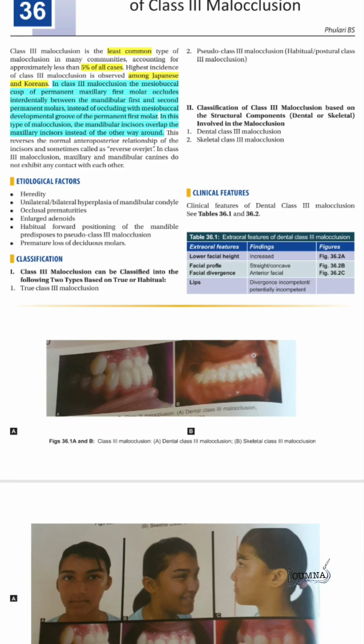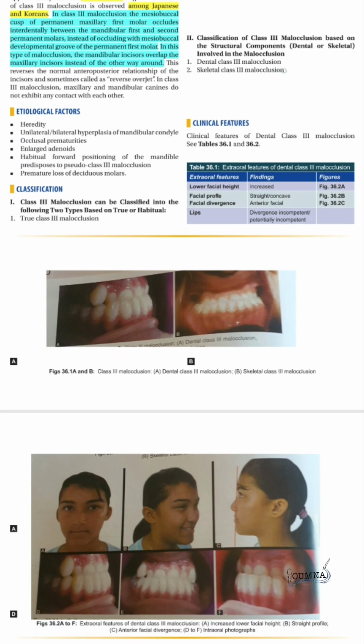So the main objective of treating this malocclusion is to regain the normal overlap of the maxillary teeth over the mandibular teeth with the appropriate overjet and overbite.